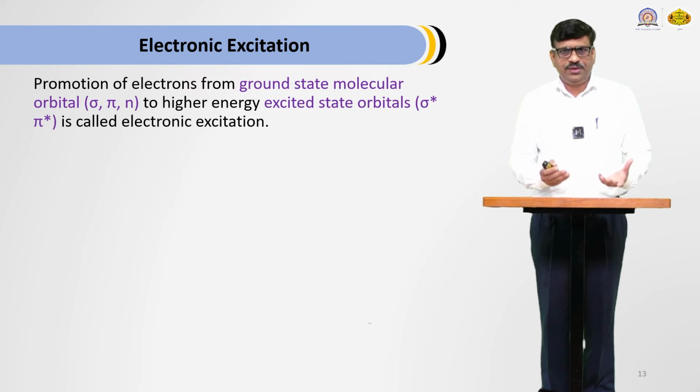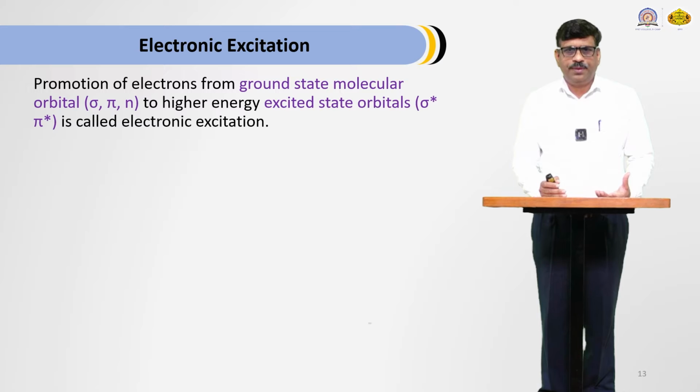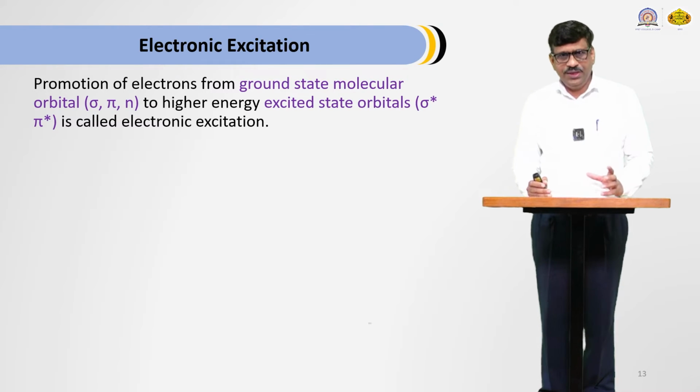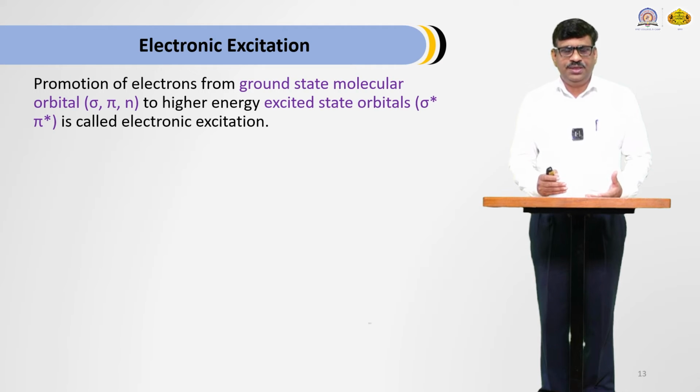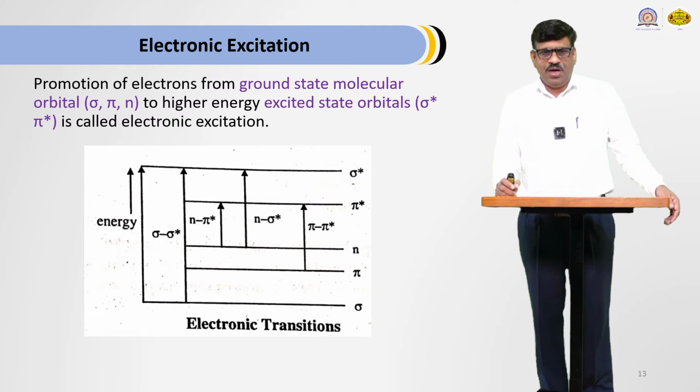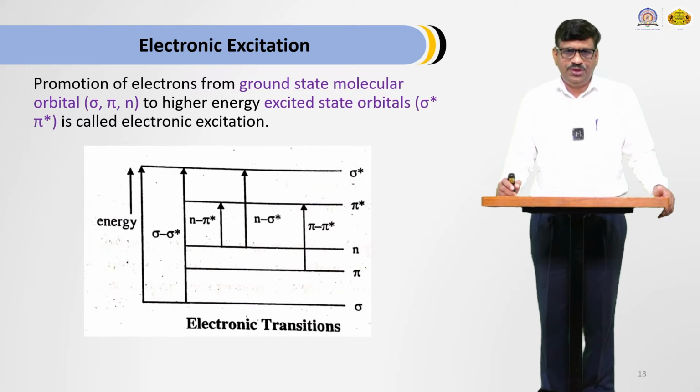We know that there are three types of molecular orbital: bonding molecular orbitals, that is sigma and pi, non-bonding n, and anti-bonding sigma star and pi star. When electrons gain energy, they move from a lower energy orbital to a higher energy orbital, and that is called electronic excitation.